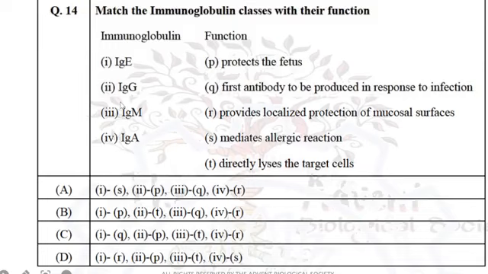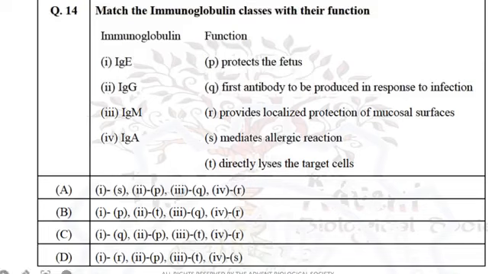That means it has the ability to protect the fetus. That means they can cross the placental barrier and enter the extra-fetal area inside the placenta. There is the fetus and the extra-fetus area inside the placenta, so they give protection directly to the fetus. So they protect the fetus.